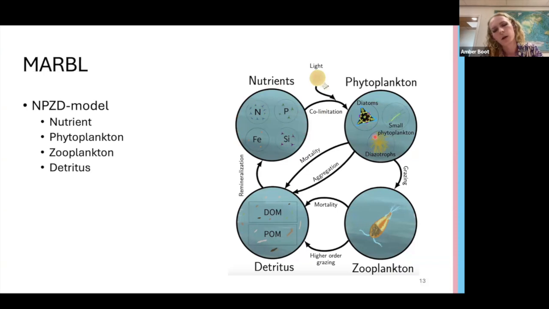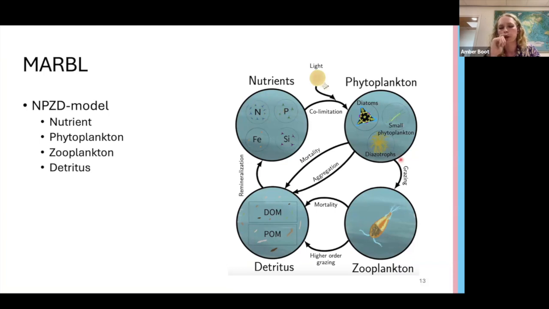Then our third group is the small phytoplankton group. And, surprise, surprise, they are small, relatively small compared to the diatoms, and they do not construct silicate walls. So they are only limited by nitrogen, phosphorus, and iron. That's a clear difference between the 2 phytoplankton groups we will discuss today.